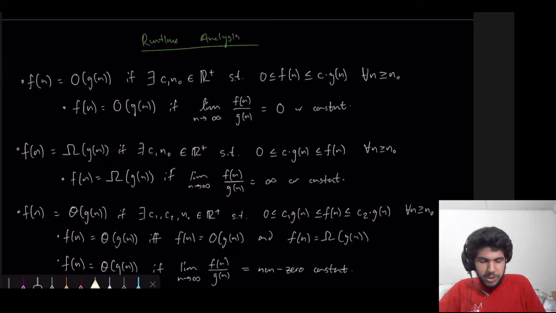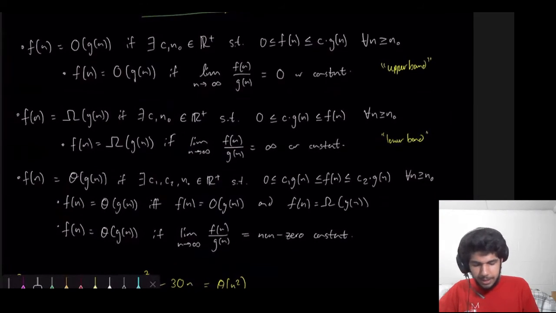So for big O, we can think about this as an upper bound, because we're finding this function c times g of n, which is always greater than our function that we're looking at, f of n. So it's upper bounding f of n. And then big omega is sort of like a lower bound.